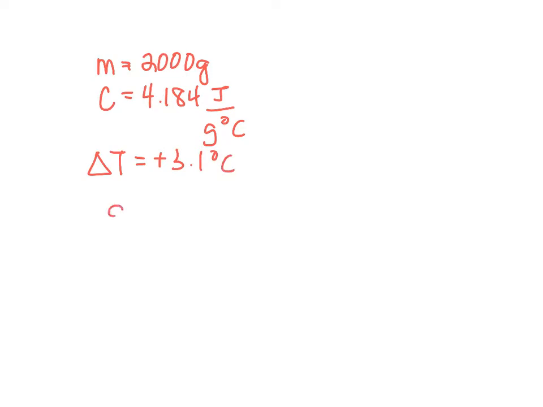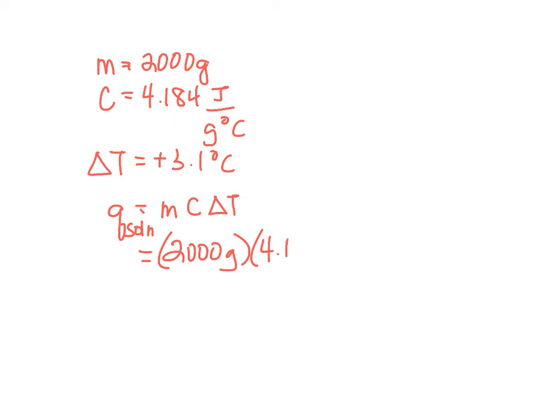So let's calculate the Q. Q is equal to m c delta T, and we are finding the Q of the solution. And so that is equal to 2,000 grams times specific heat times positive 3.1 degrees Celsius. Now look what happens to your units.